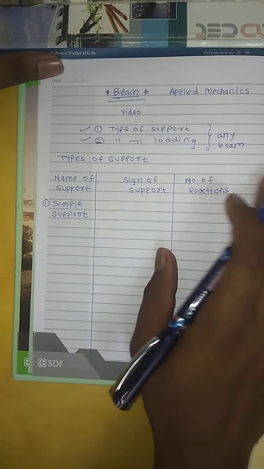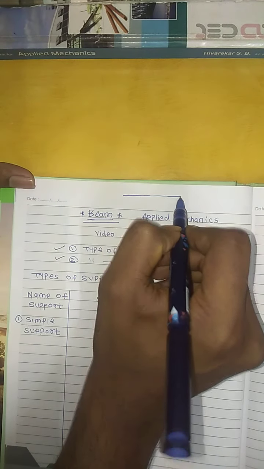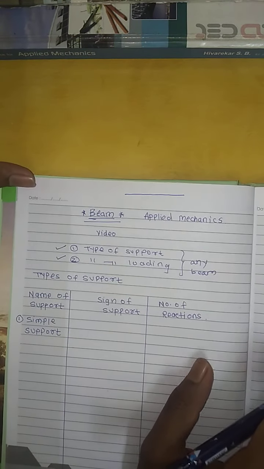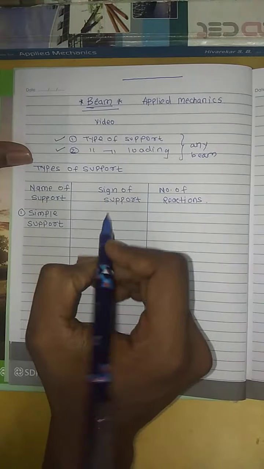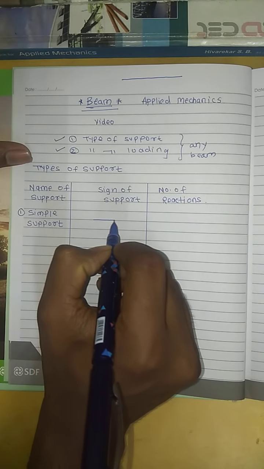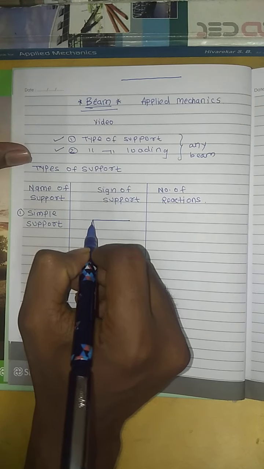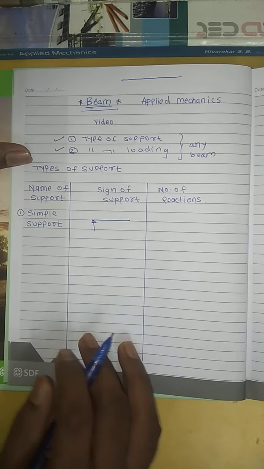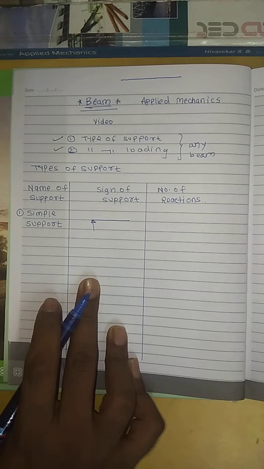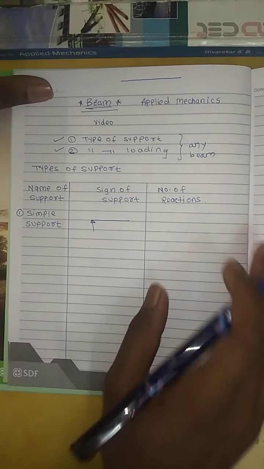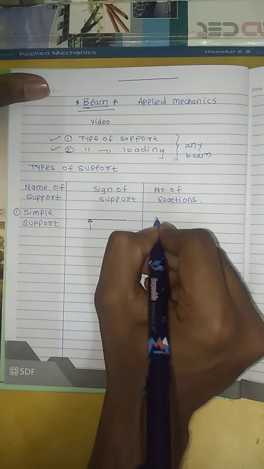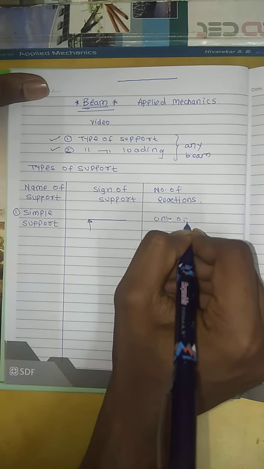I think you all know we show the beam by a horizontal line. So this is the beam and the simple support is shown like this by an arrow. This is the sign of the simple support, and there is only one reaction.